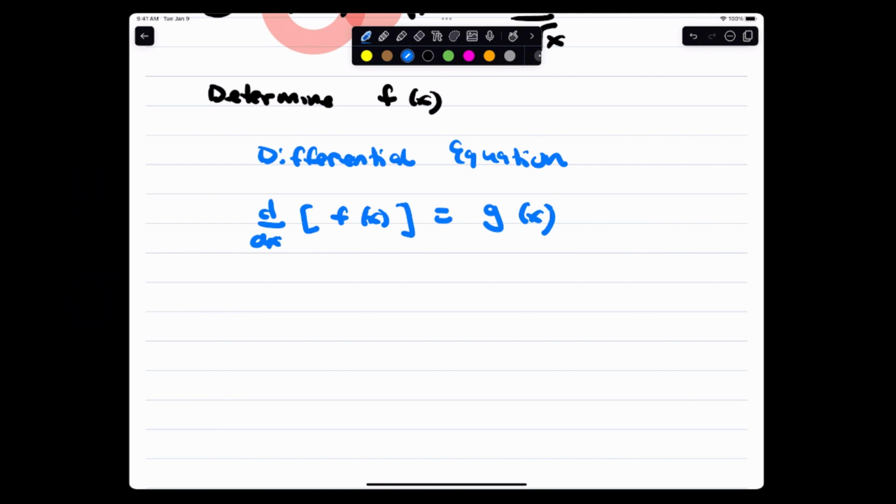What's the solution? Well, the solution really is this. F, the function they want you to determine, is the antiderivative of g plus c in general. So this is really an antiderivative question.